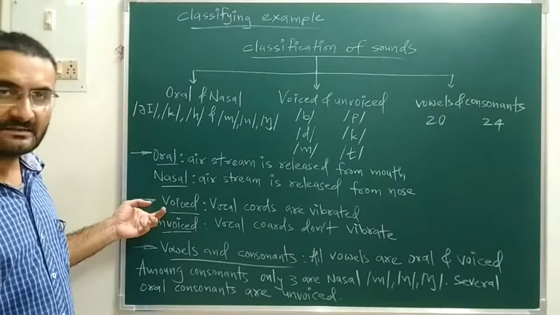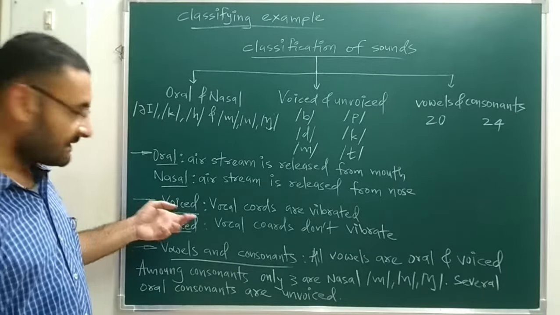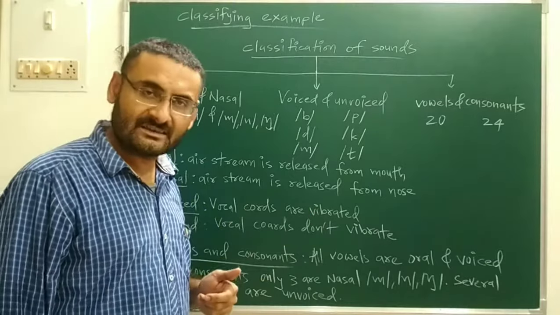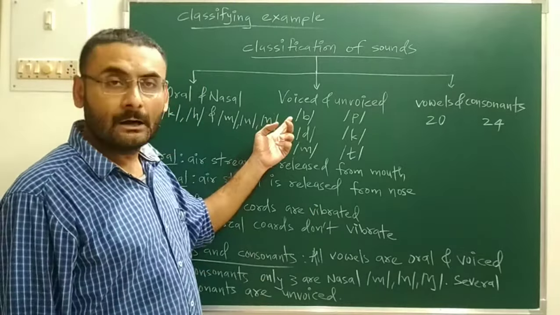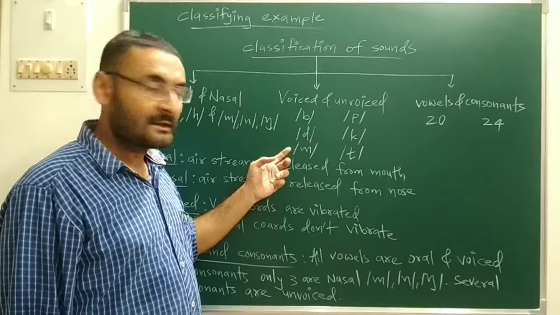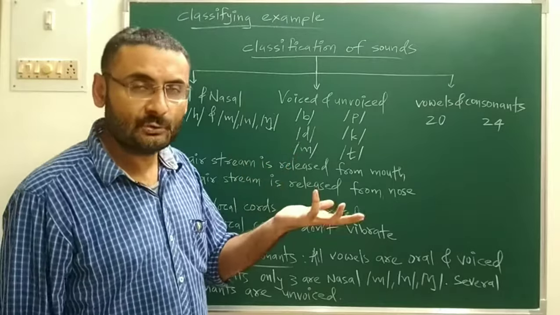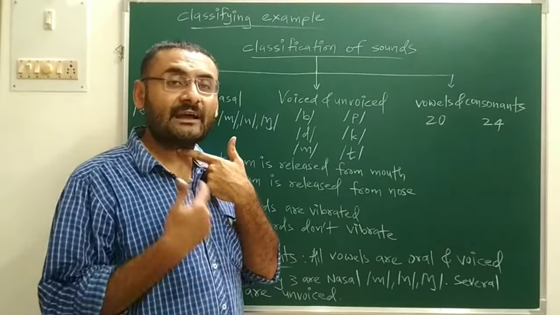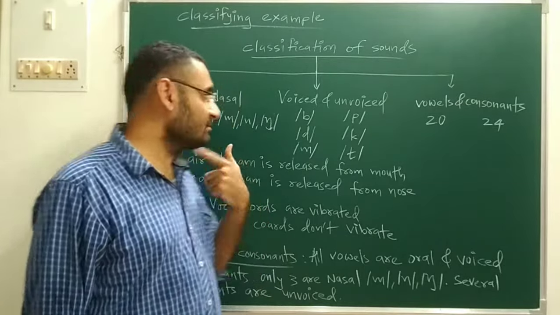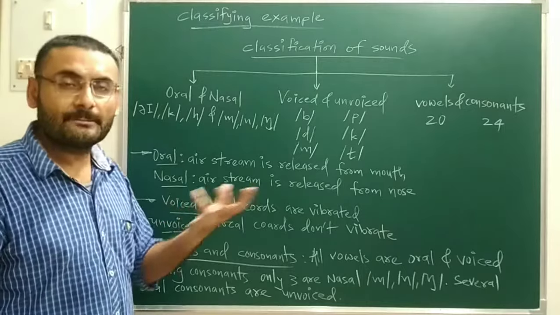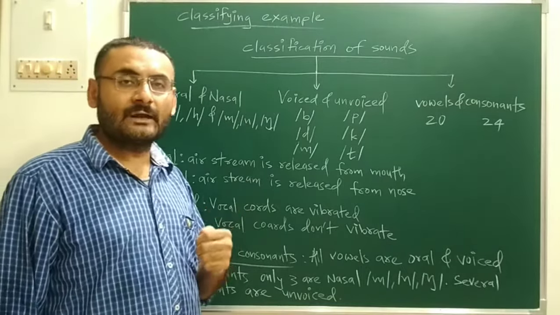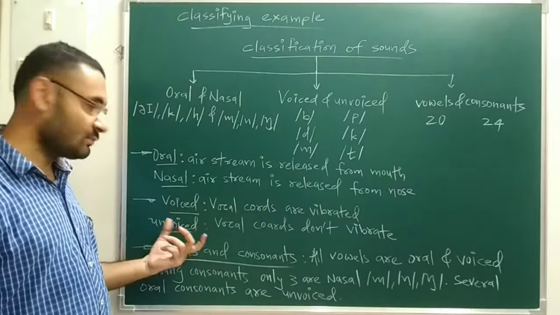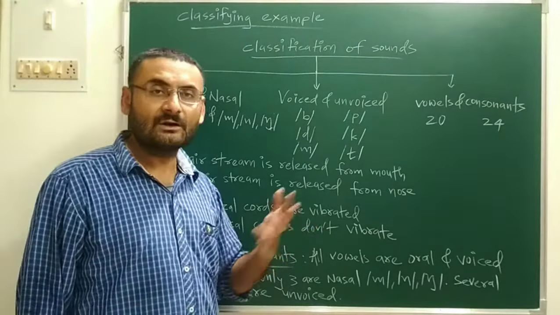Now next is voiced sound. Voiced sound means that the vocal cords vibrate when you produce the sound. Examples are b, d. When you produce this type of sound, if you touch your finger to your Adam's apple, you can feel the vibration. That is why sounds which vibrate your vocal cords are known as voiced sounds. And the opposite, unvoiced sound, means that the vocal cords do not vibrate.